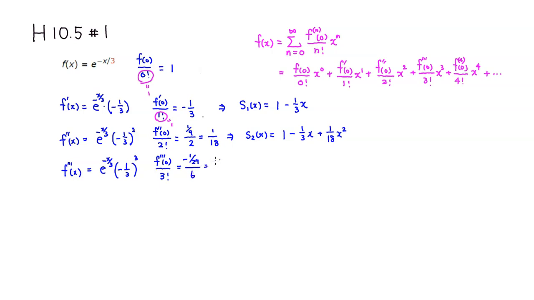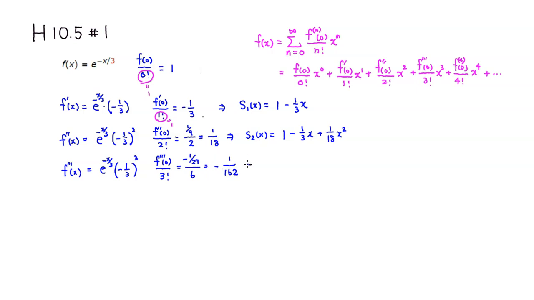So this is going to be negative 1 over 27 times 6, which is 162. Right, with the negative sign.